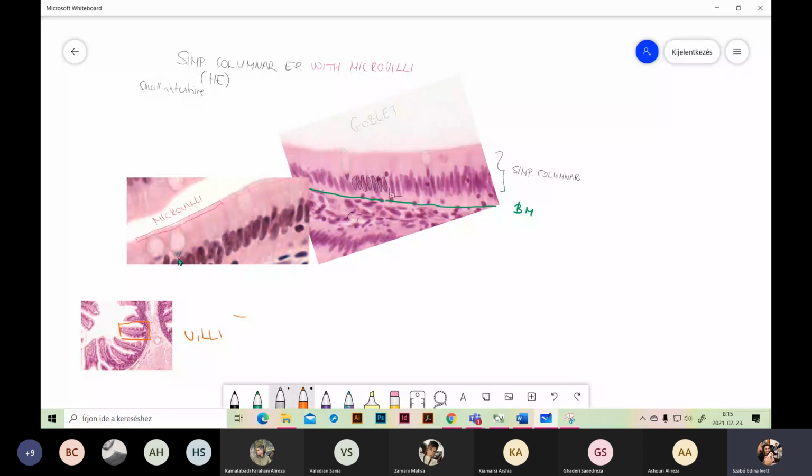How could you stain the carbohydrates? If we want to show the carbohydrates, which type of staining method should we use?